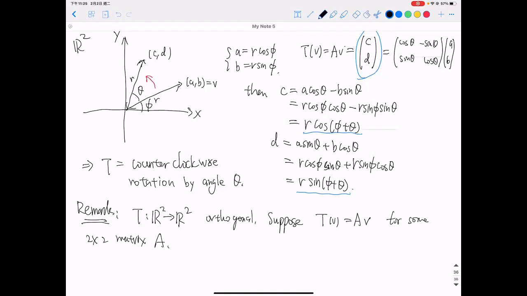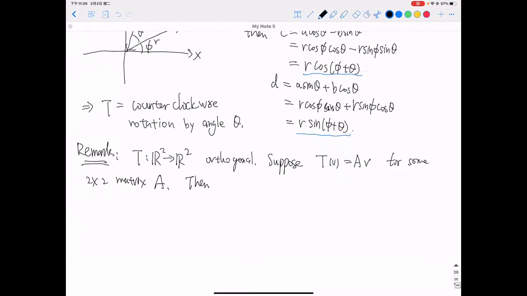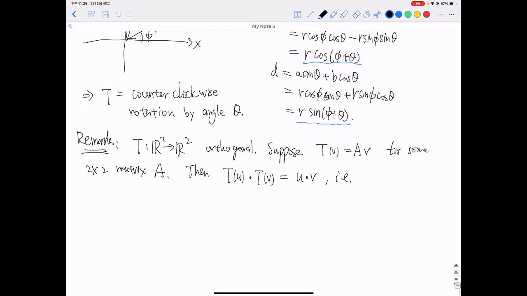Then, as we proved before, T of U dot T of V is equal to U dot V. In terms of the matrix A, this means that AU dot AV is equal to U dot V.